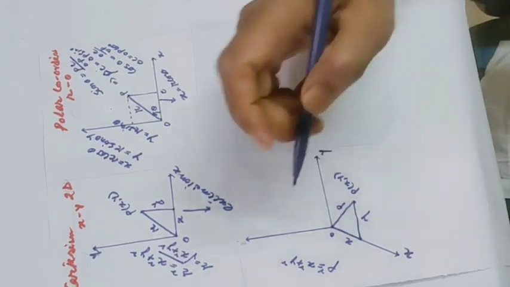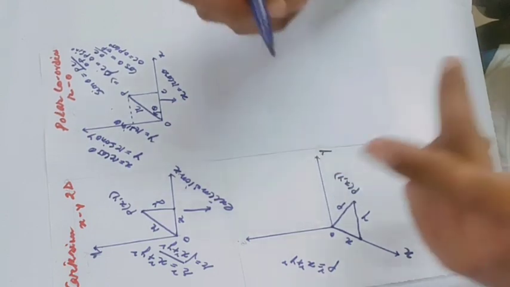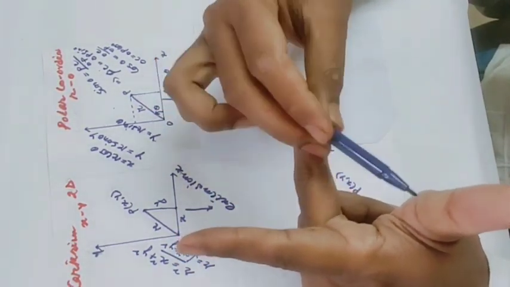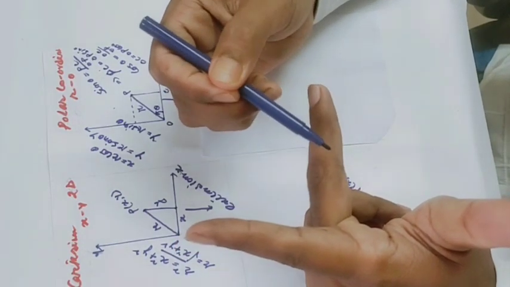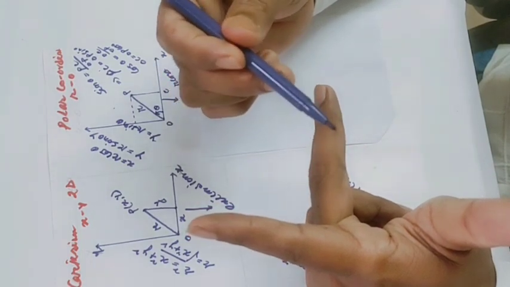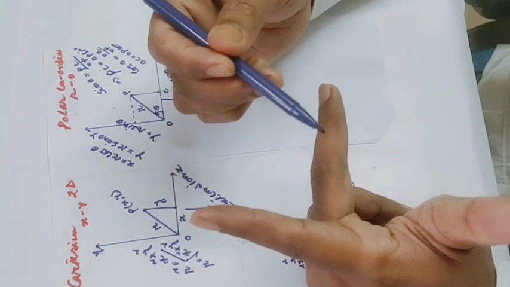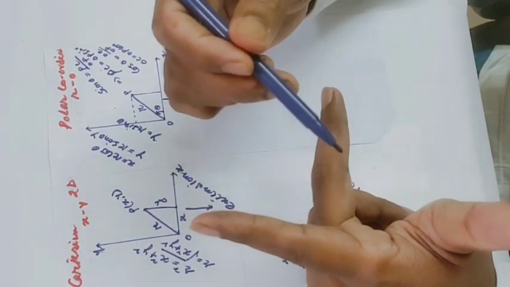Now if you are to represent a point in three-dimensional space, this is not sufficient. Suppose this is the x-axis, this is the y-axis, this is the z-axis. Suppose a point is here. If you move along the x-axis, you will get this point. If you fix the y-axis, then you will fix this point. Okay, you are getting this point, but this point can be anywhere along this line. So you need to fix the z-axis also.